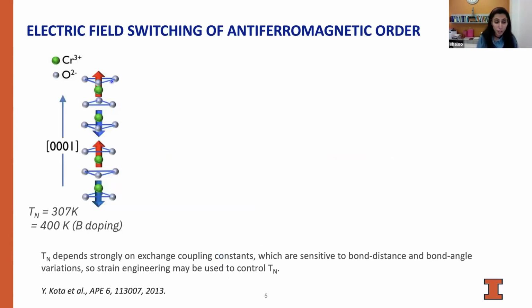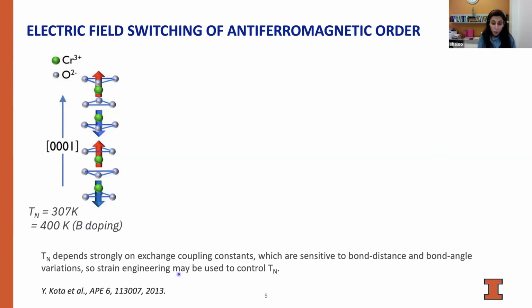So this is a unit cell of chromium containing 4 chromium ions. Its magnetic structure is well known from neutron diffraction measurements and magnetic susceptibility data, and its Néel temperature is about 307 Kelvin. But as Christian described last week, boron doping has been known to increase the Néel temperature of chromium to 400 Kelvin.